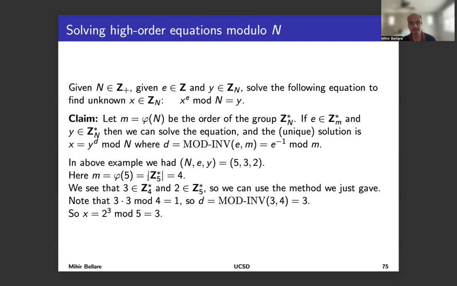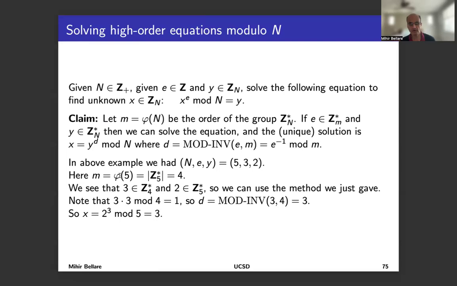We could check this in our little example. Remember, we had this triple N, e, y, the givens of the equation, as 5, 3, and 2. If we use the method of this claim, our first step would be to compute phi of 5. So that's the size of the group Z5 star. And since 5 is a prime, the size of, remember, Zp star is always p minus 1.